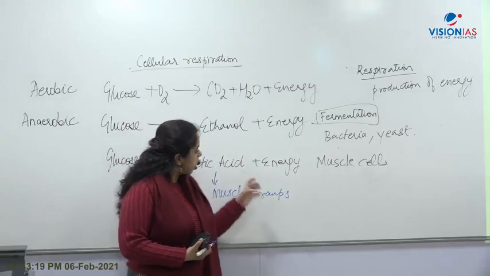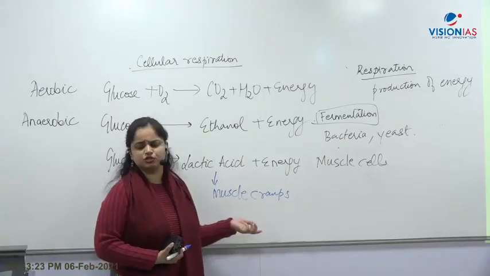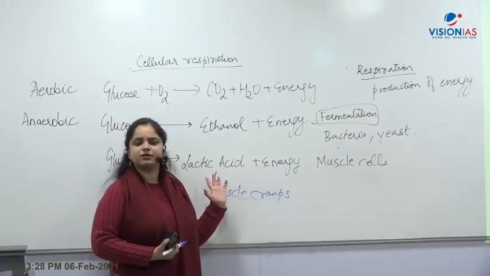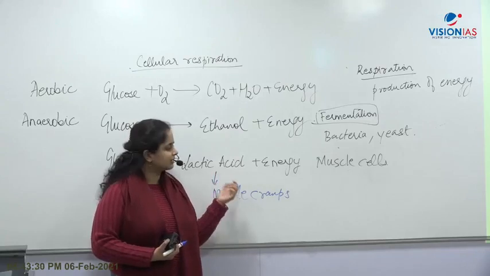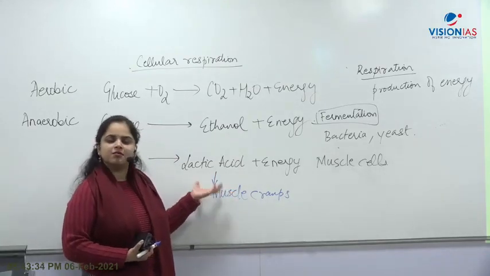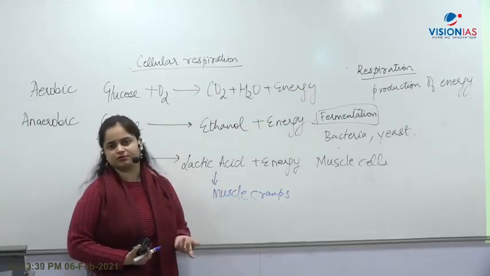Another thing which you need to know is that this is an emergency situation. Once oxygen levels are maintained and you do a lesser amount of activity, the muscle cells will again start doing the normal process of aerobic respiration. Fine.